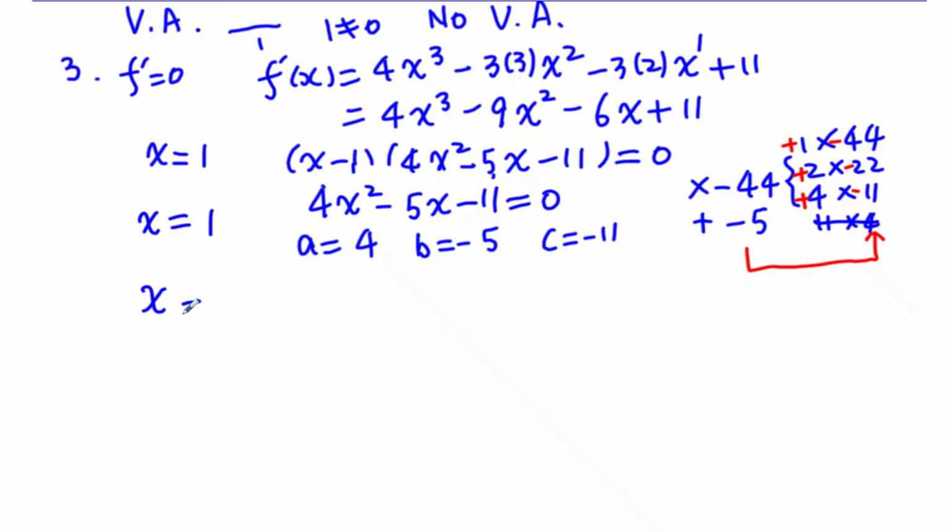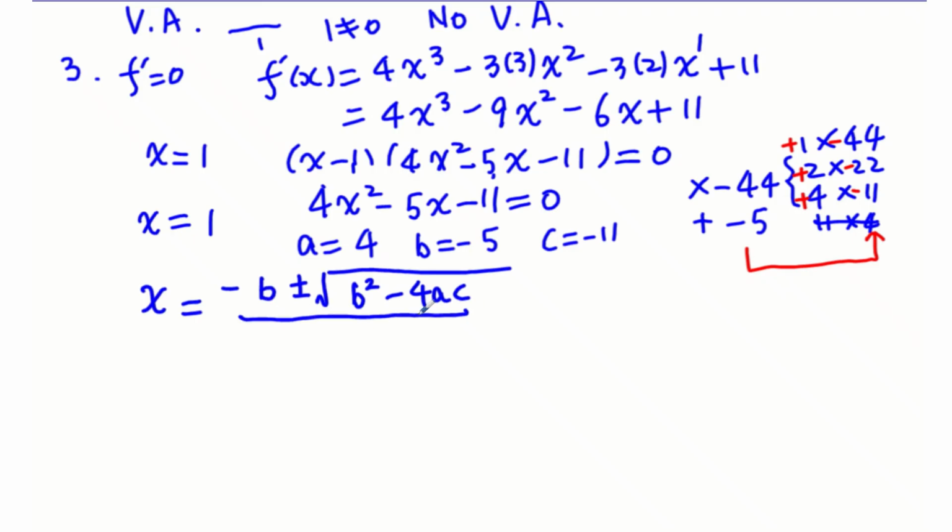Then it's negative b plus or minus the square root of b squared minus 4ac, all over 2a.